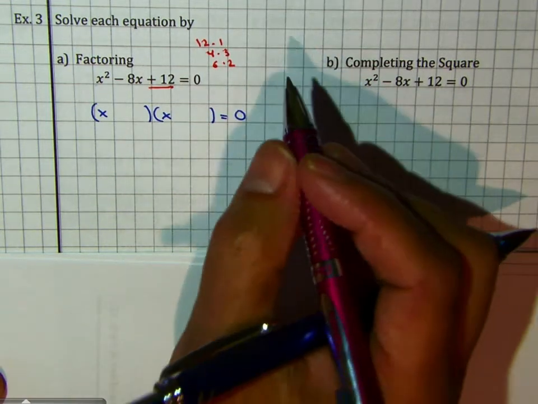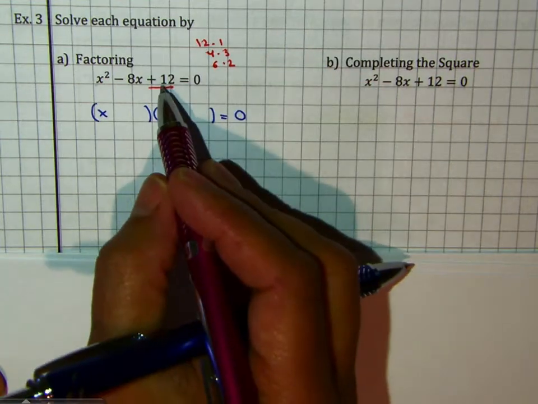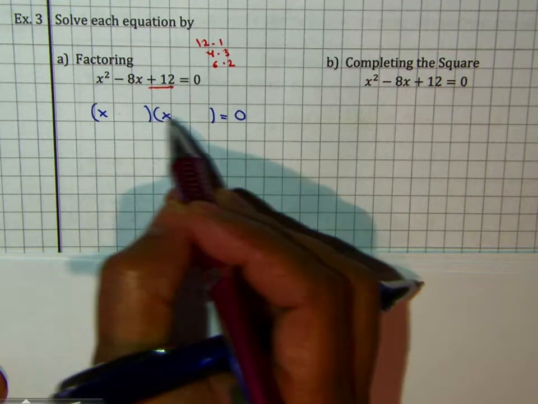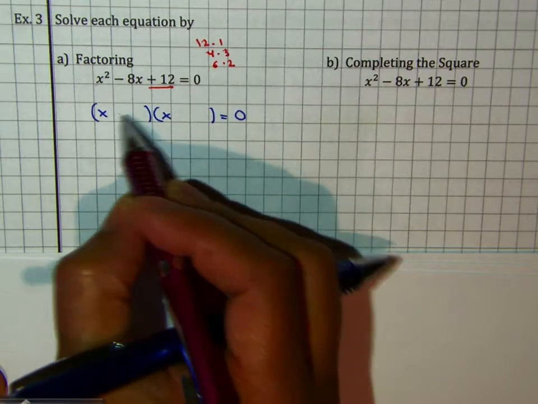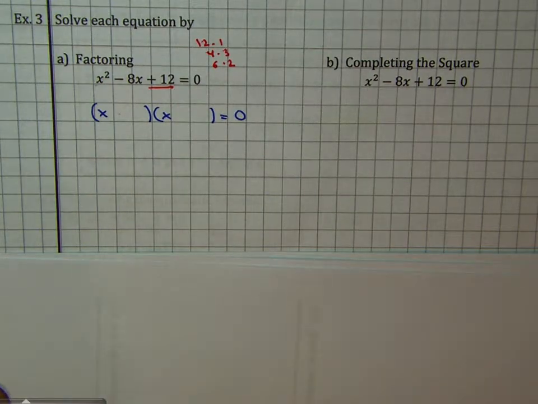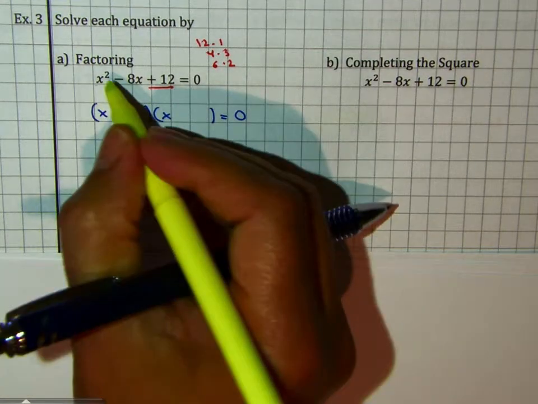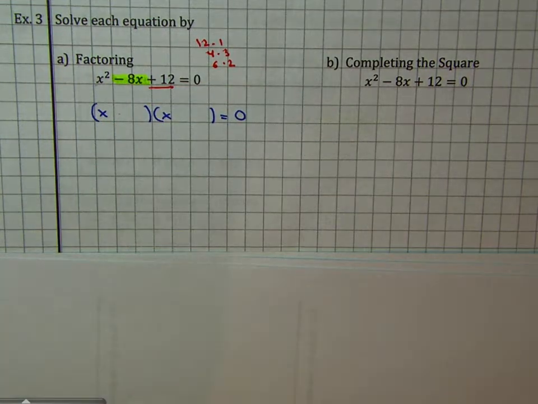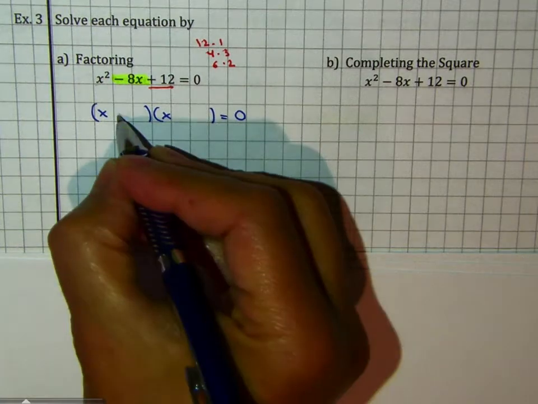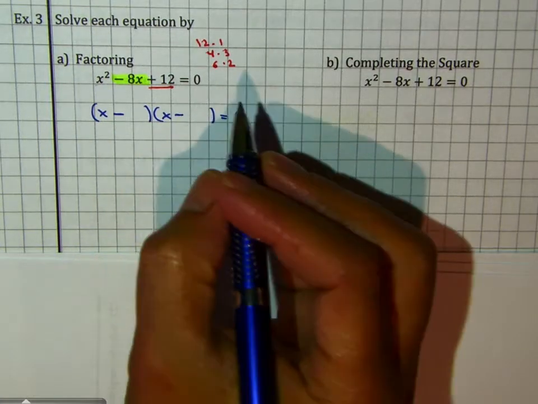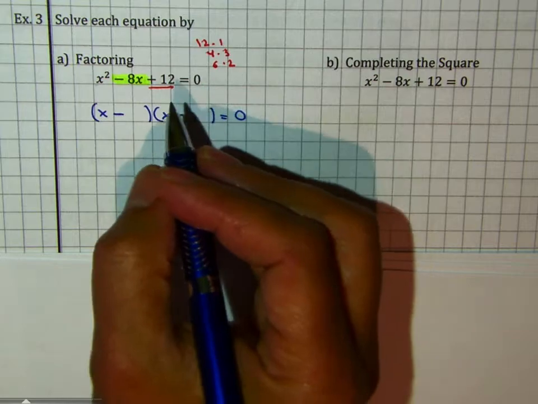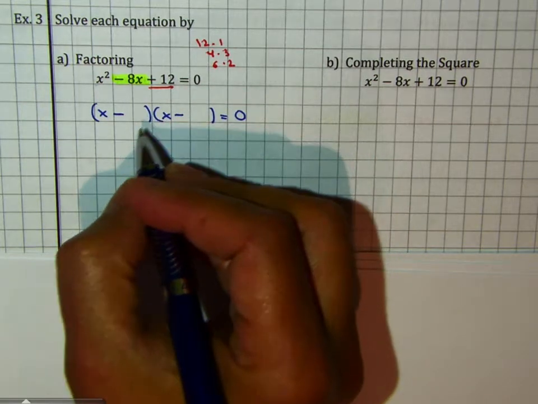Anything else? No. Now that's a positive 12, so they need to have the same sign, both positive or both negative. They need to add up to a negative 8x, so they both should be negative. We know that for sure. So which one should I use? Correct. I should use 6 and 2.